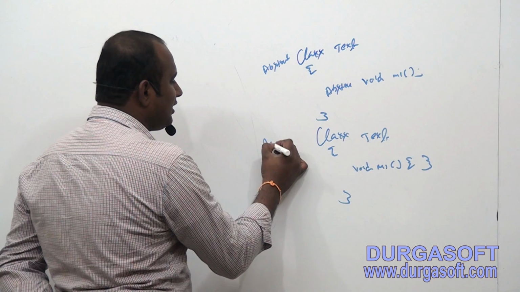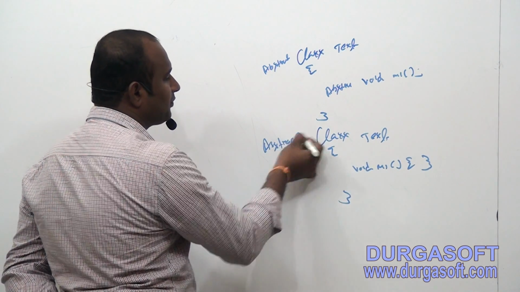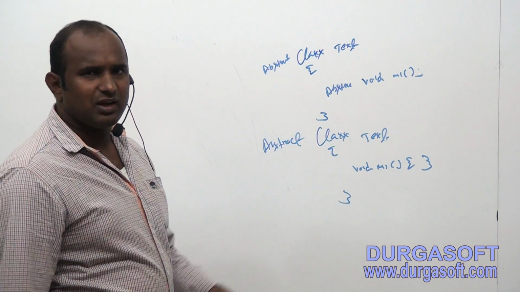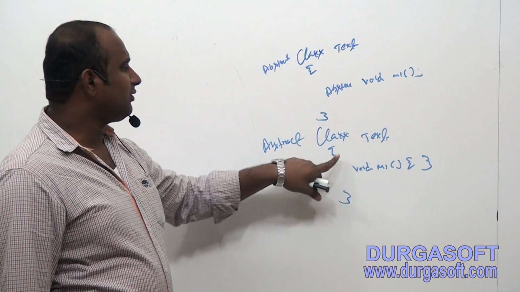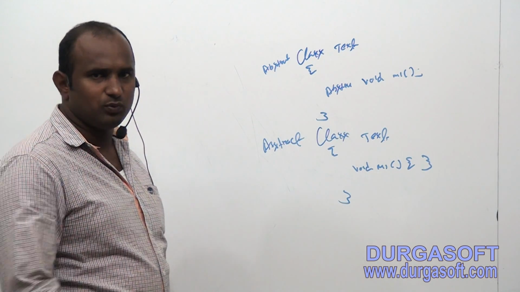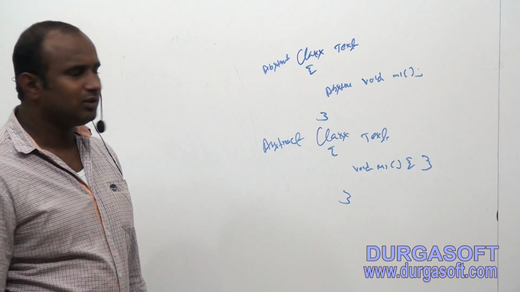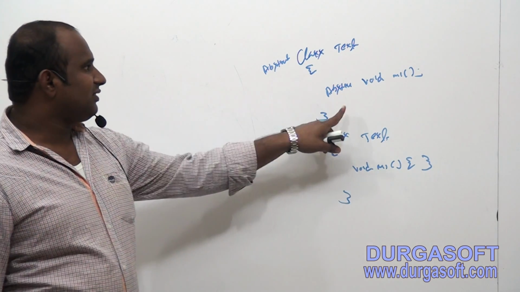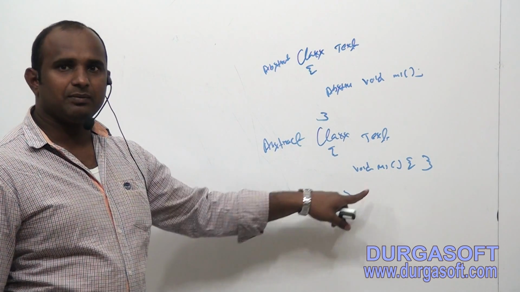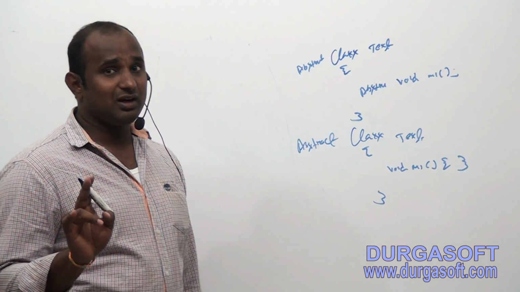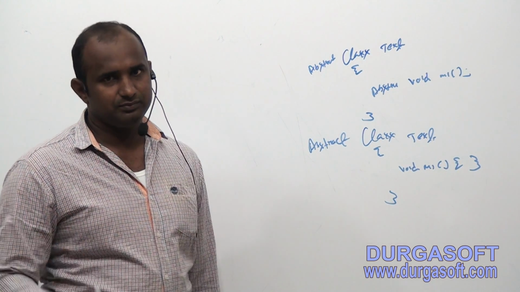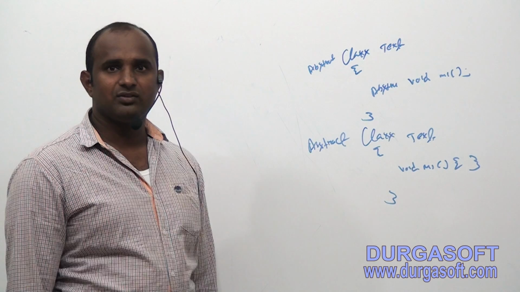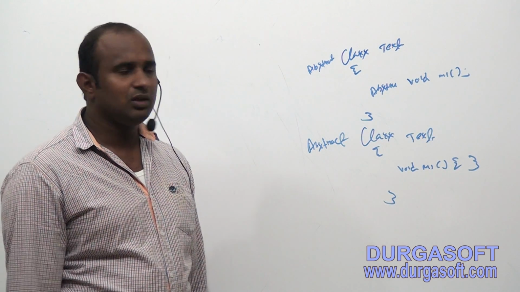It is possible to declare the abstract modifier here also. So an abstract class may or may not contain abstract methods, but for abstract classes, object creation is not allowed.